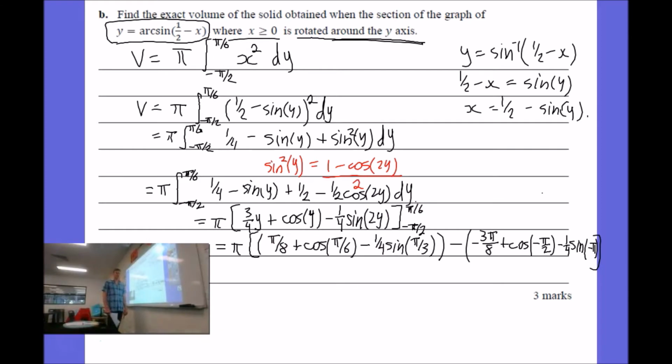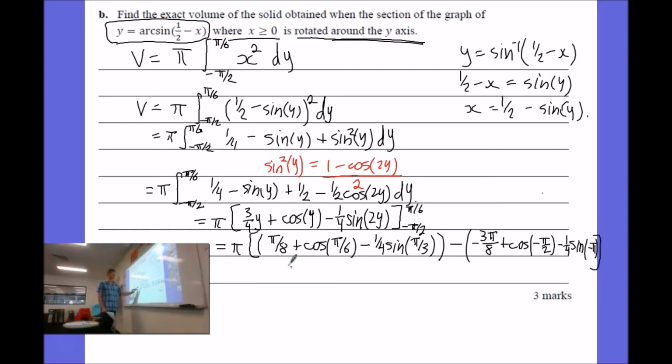So when we carry out the integral, we will get our resultant integral function here, 3/4 of y plus cos of y minus a quarter sine of 2y. And now we're ready to evaluate at the limits, pi on 6 and minus pi on 2.